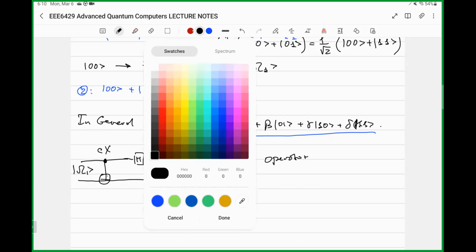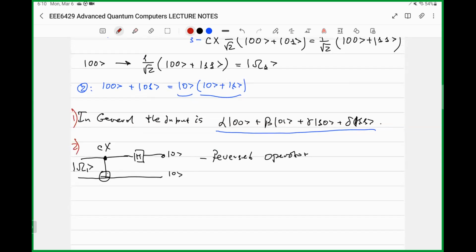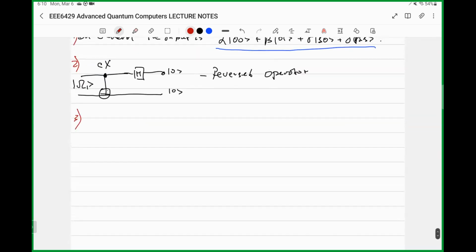So it was the first aside. This is the second aside, and aside number 3 is how we represent in these circuits the operation of measurement.